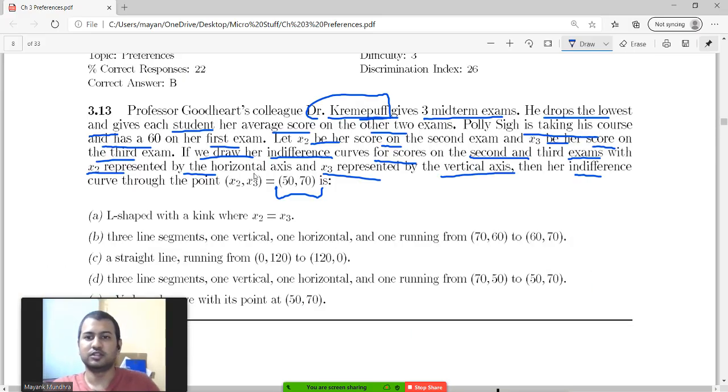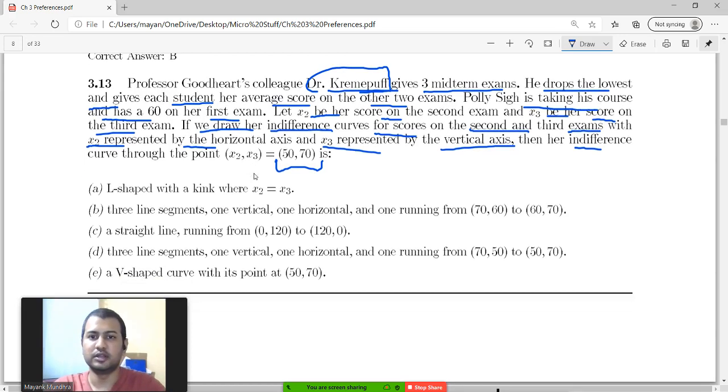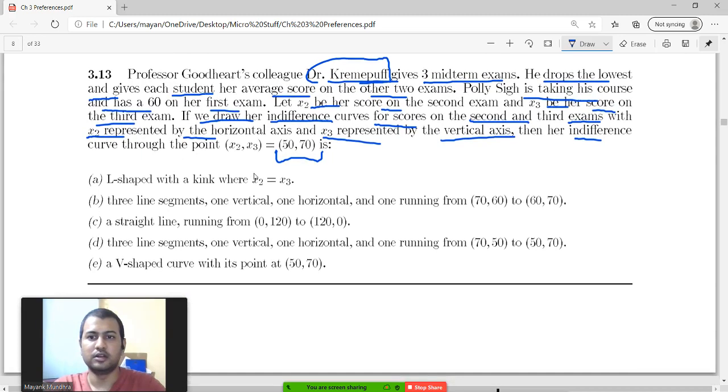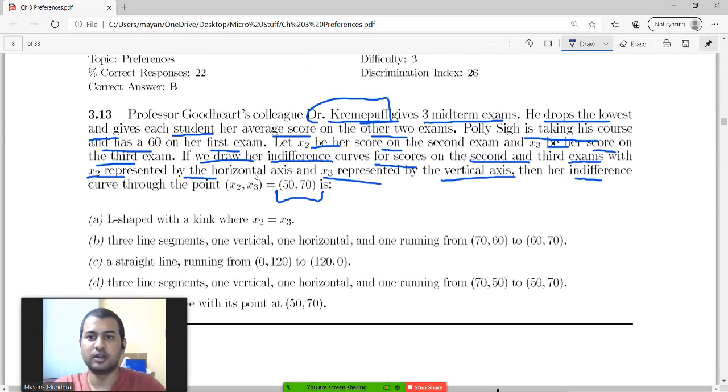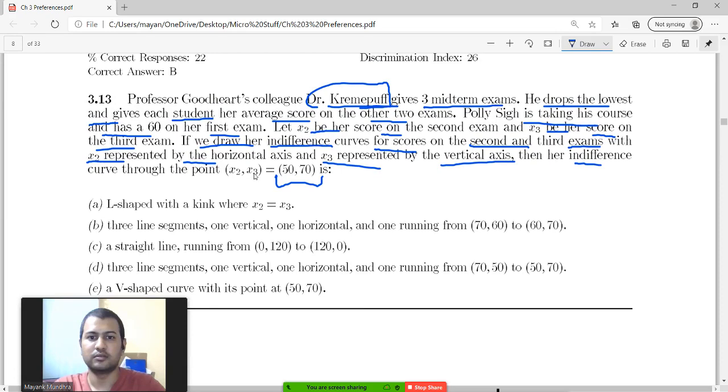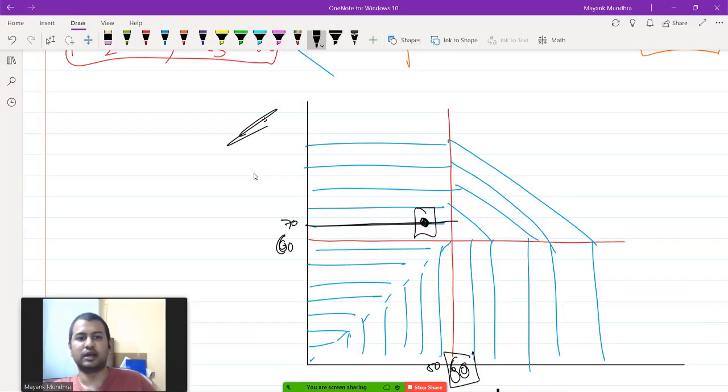So the IC through this line is going to be this, this and this. The entire IC will look like this, this and this.